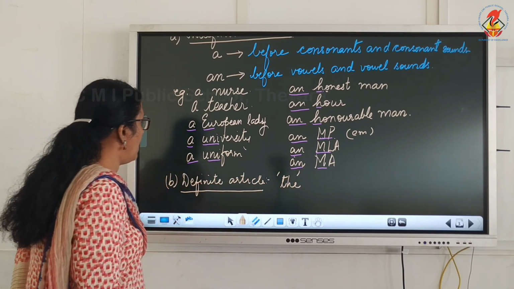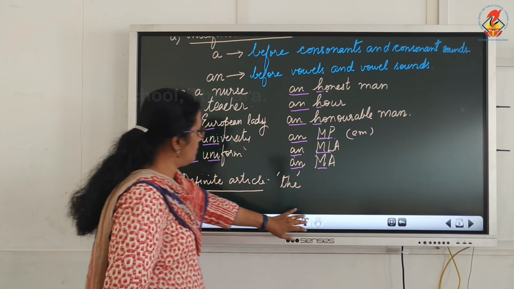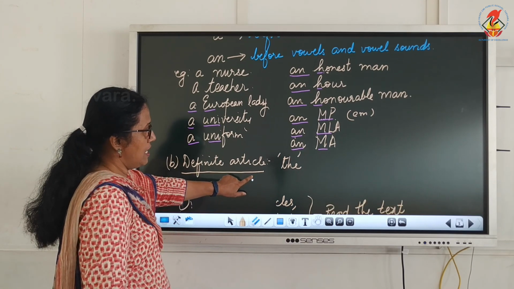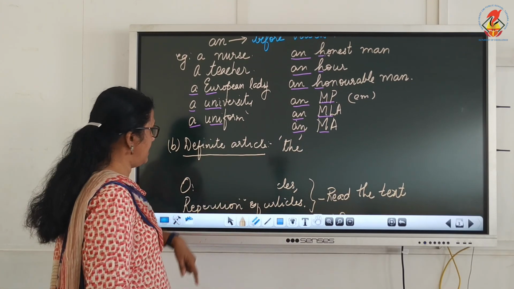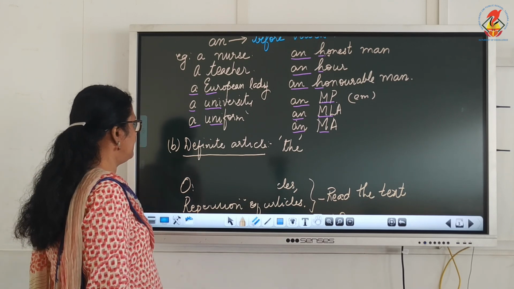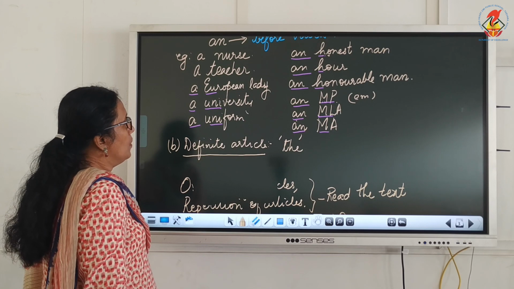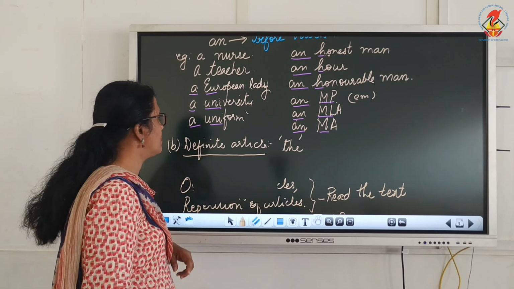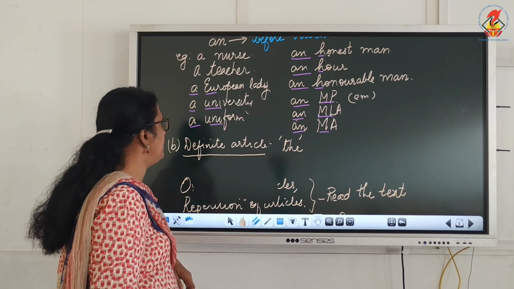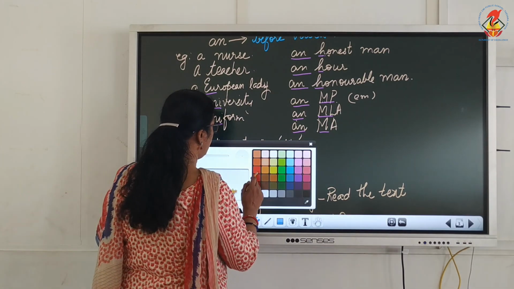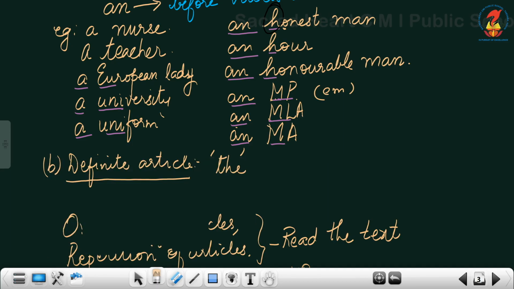Now moving on to the next one, we have the definite article. As the word suggests, definite, we are talking about something which we are sure of, and at that time we will be using the article "the". Now I have not covered each and every topic of articles.